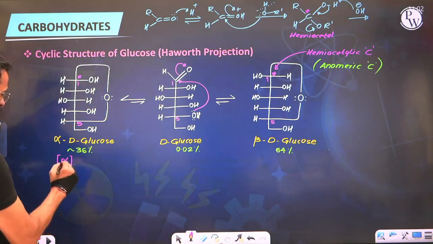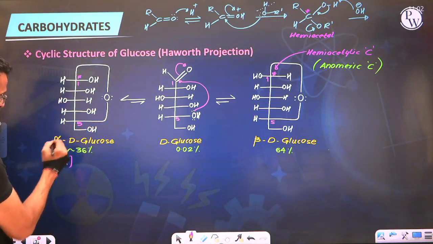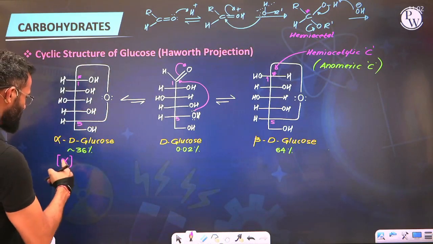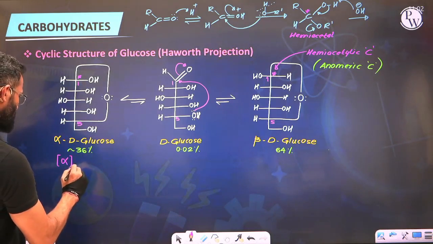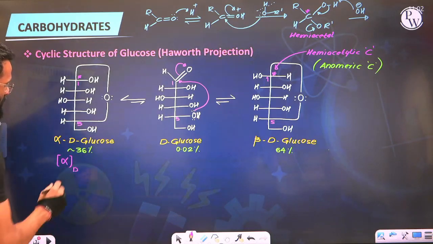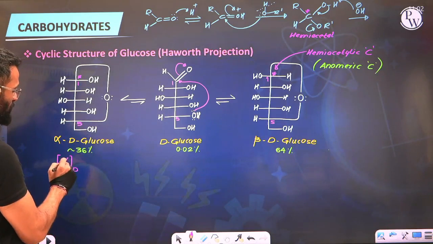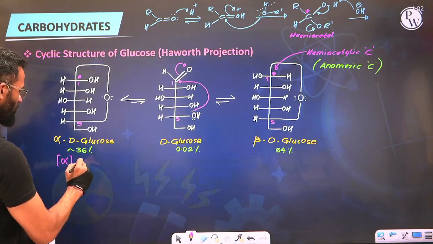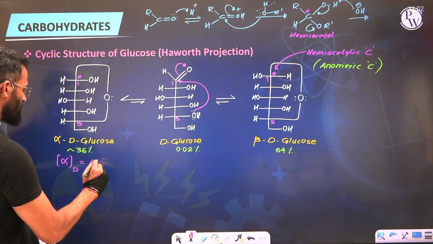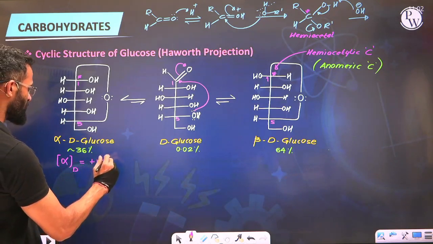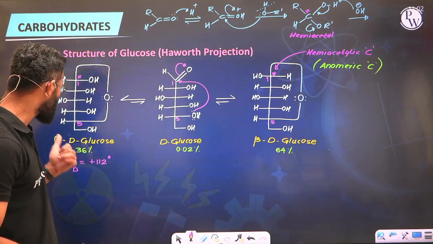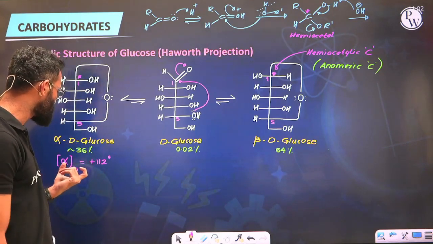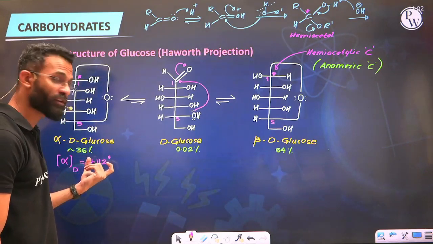So this alpha is optical rotation. This alpha is not related to the anomeric alpha. Okay, this is optical rotation. The bracket notation indicates that the specific rotation of alpha D-glucose is measured to be plus 112 degrees. So if you take a freshly prepared aqueous solution of alpha D-glucose, it shows a specific rotation of plus 112.